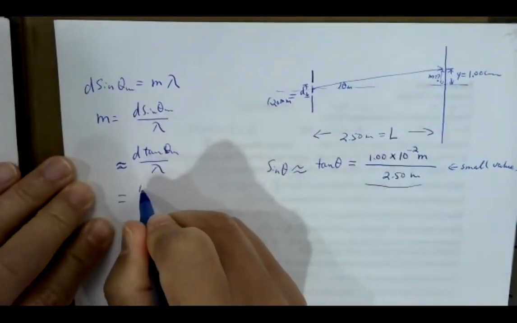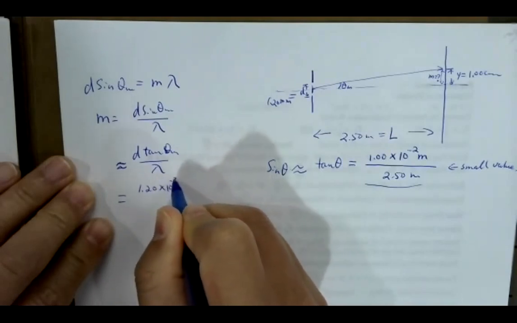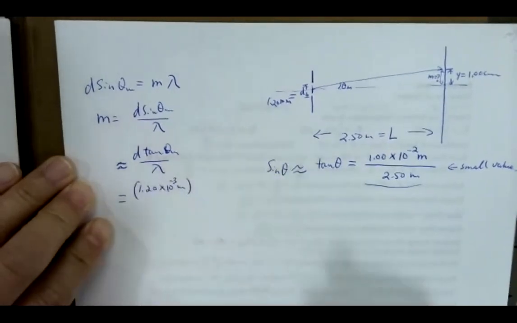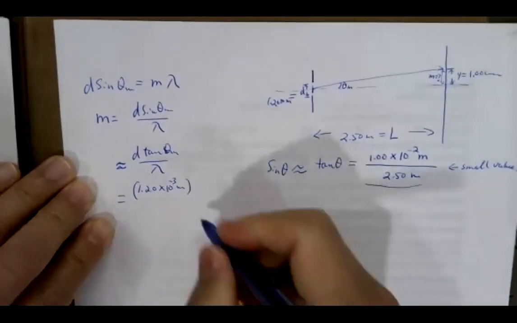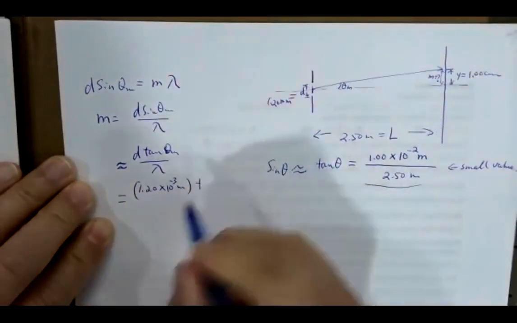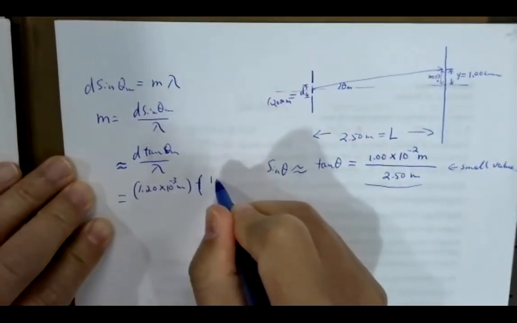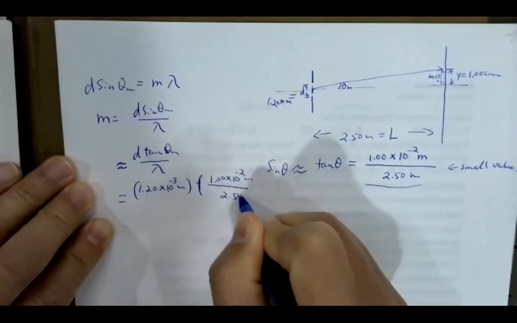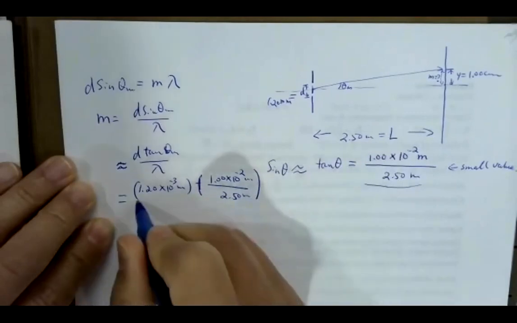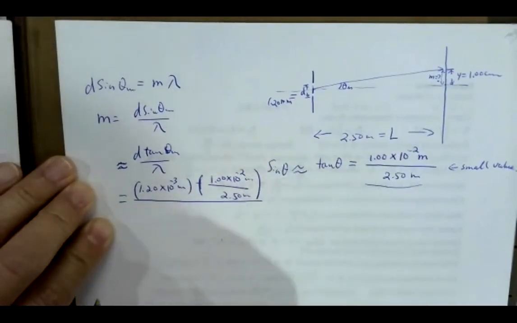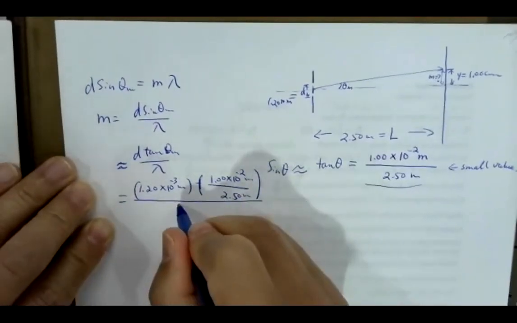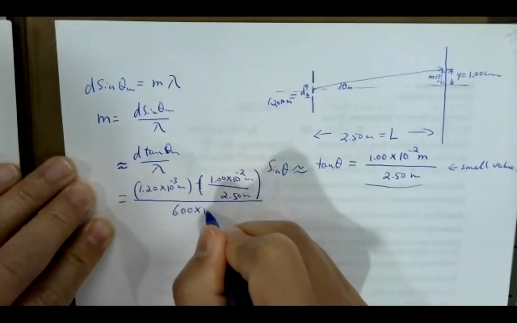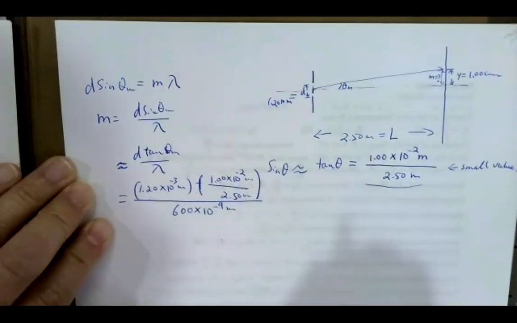And d is 1.2 millimeter, that means times 10 to the negative 3 meters, times tangent of theta, which is 1.00 times 10 to the negative 2 meters over 2.5 meters, divided by lambda. Lambda is given as 600 nanometer, so 600 times 10 to the negative 9 meters.